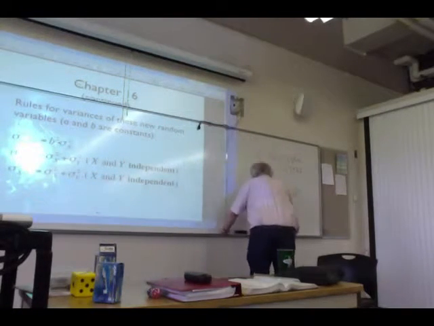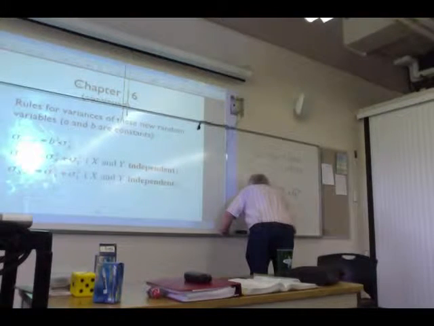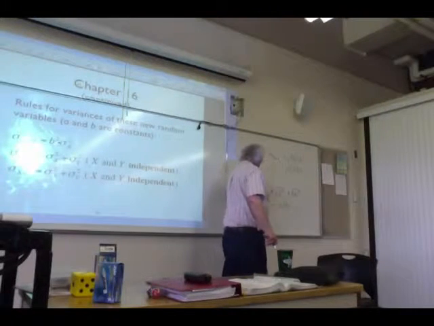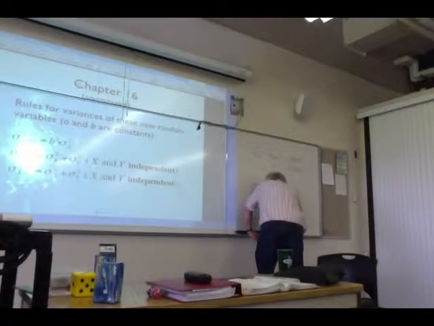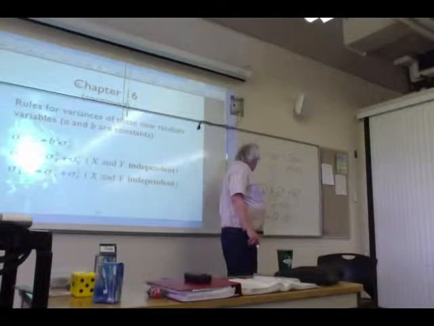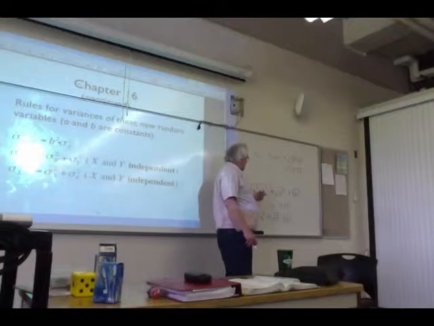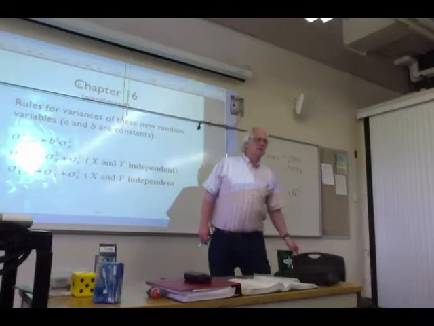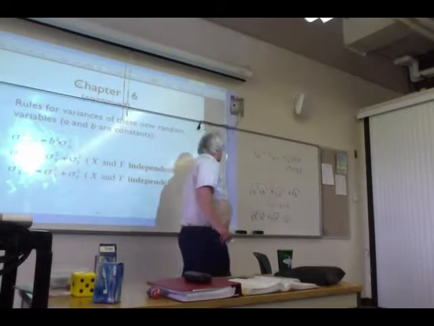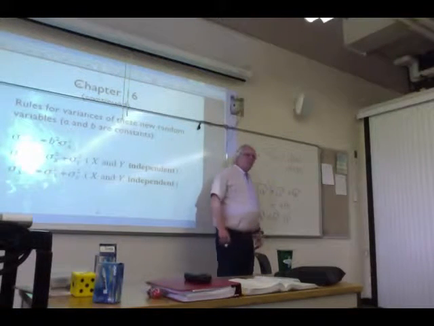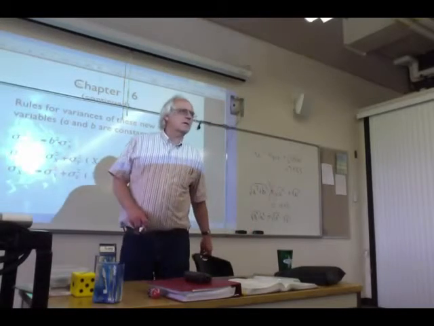It is the case that if, instead of being addition, this is multiplication, the square root of a squared times b squared is the square root of a squared times the square root of b squared. That is true, this is false. This is what we use in statistics. We almost never use that. So it's a sum that we need to figure out, and this rule does not apply. This rule is true, it's just not applicable in this circumstance.